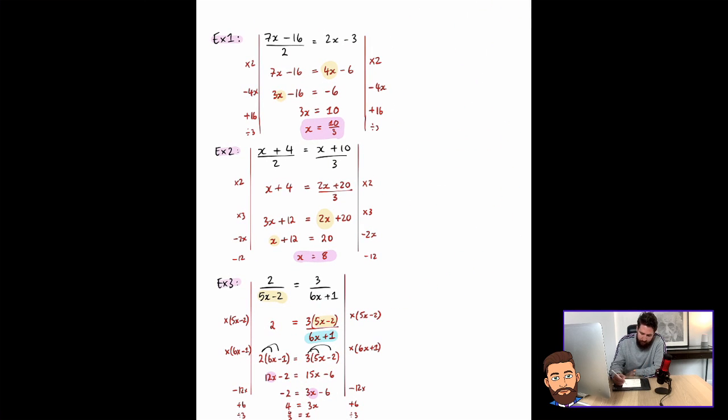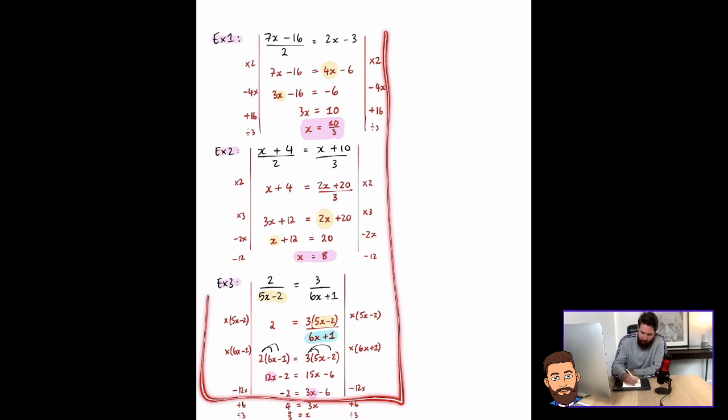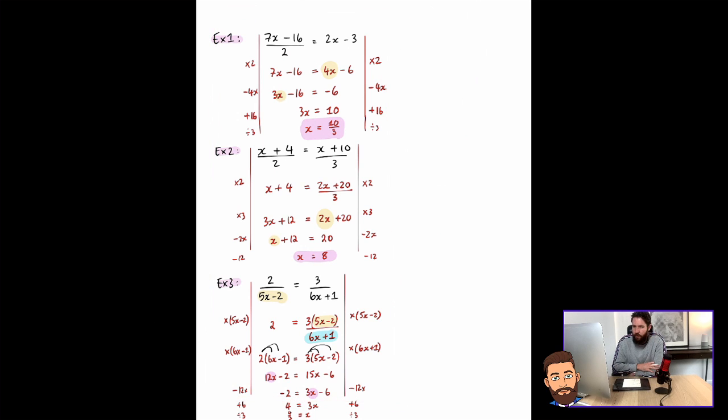So as you can see, all 3 of those examples used the same method of eliminating the denominator by multiplying across. And it's really important, as you can see here, my layout looks the same every time.